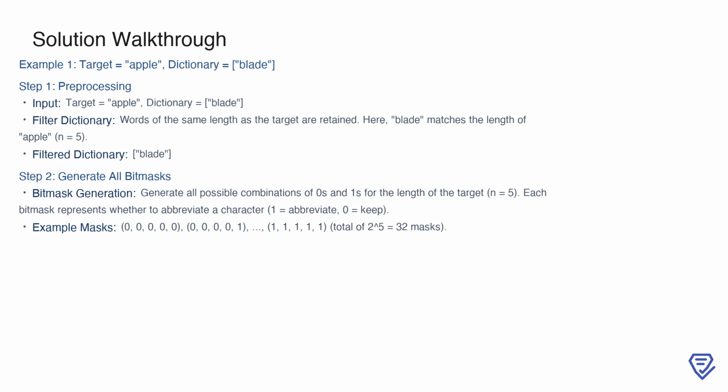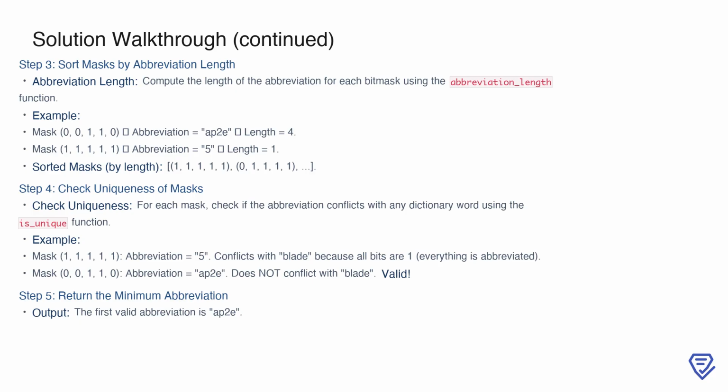For example, the bit mask 00000 means no characters are abbreviated, while 11111 means every character is abbreviated. These bit masks serve as the foundation for generating potential abbreviations. Next, the generated bit masks are sorted based on the length of their corresponding abbreviations.